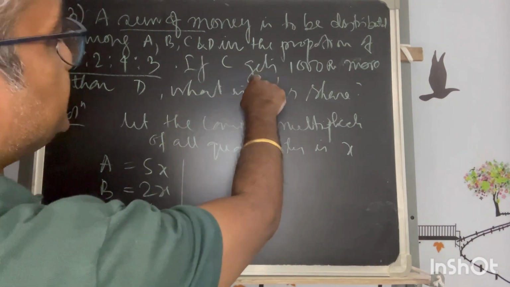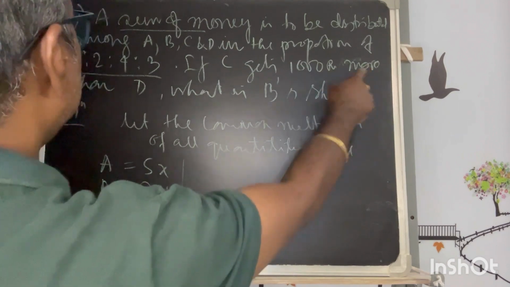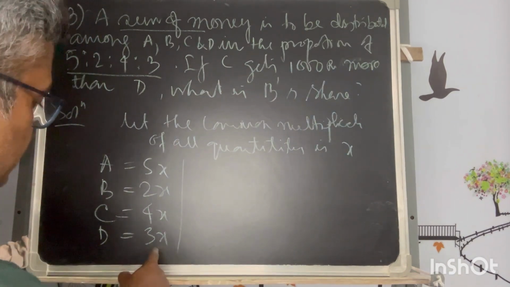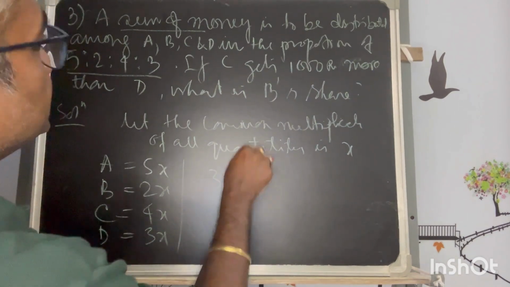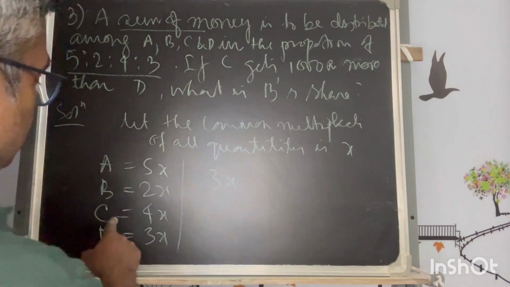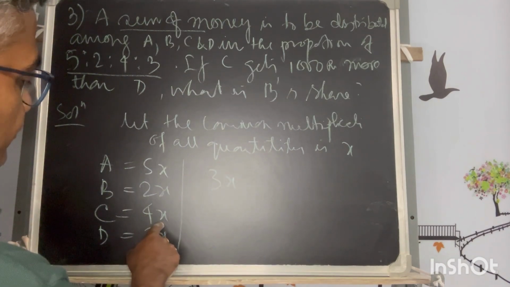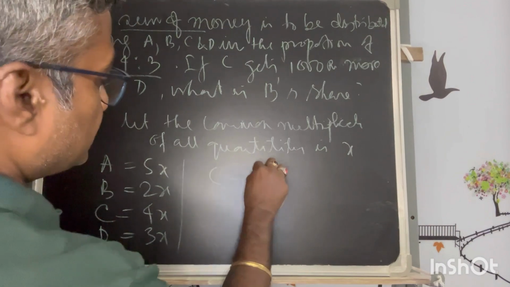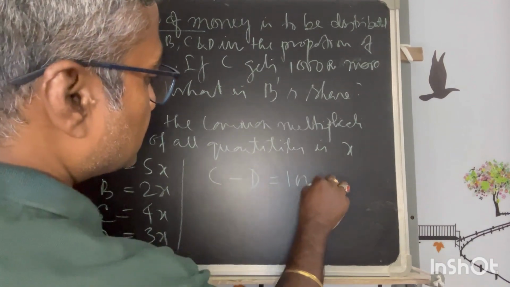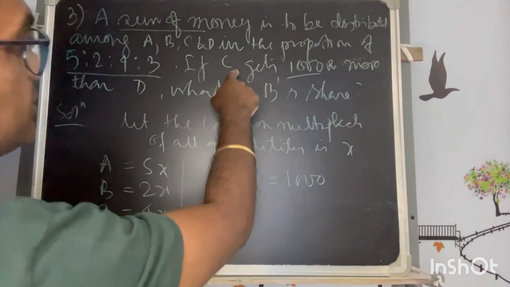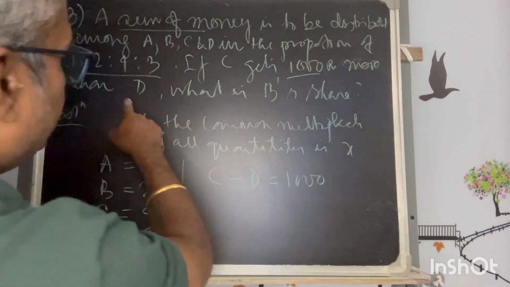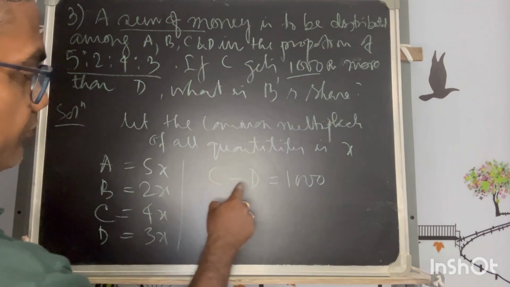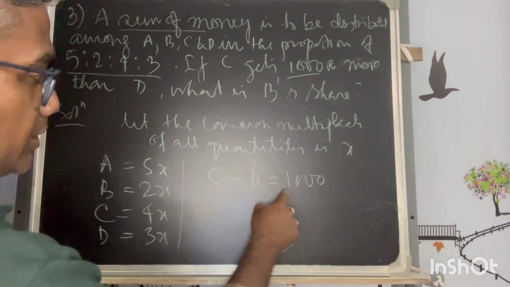C gets 1000 rupees more than D. What is D's part? 3x. And what is C's portion? 4x. C gets 1000 more than D, so if we deduct D's part from C's part, I will get 1000.